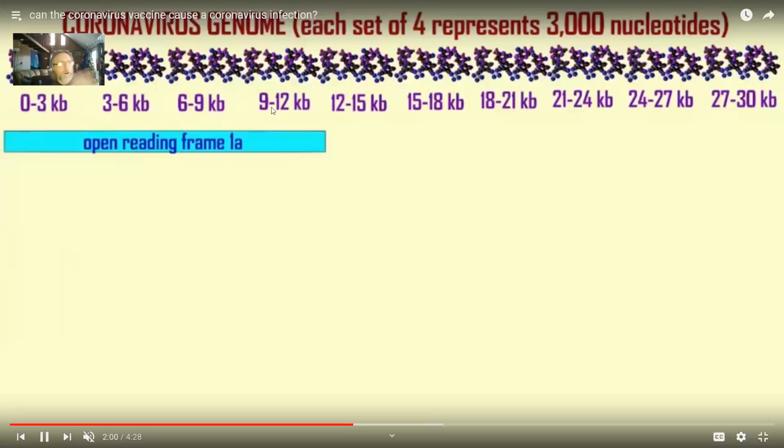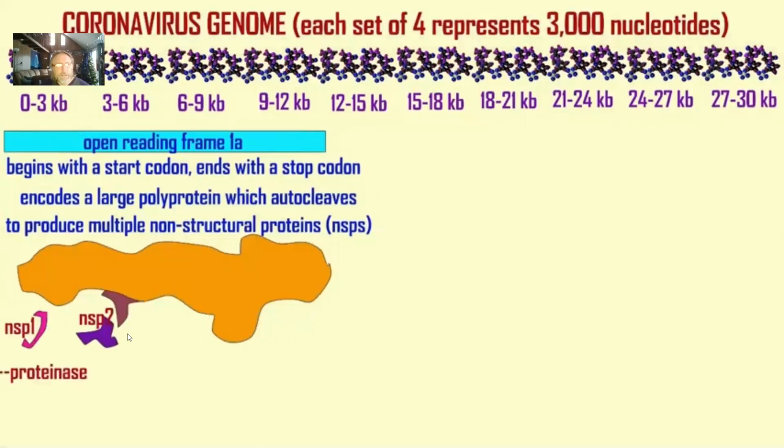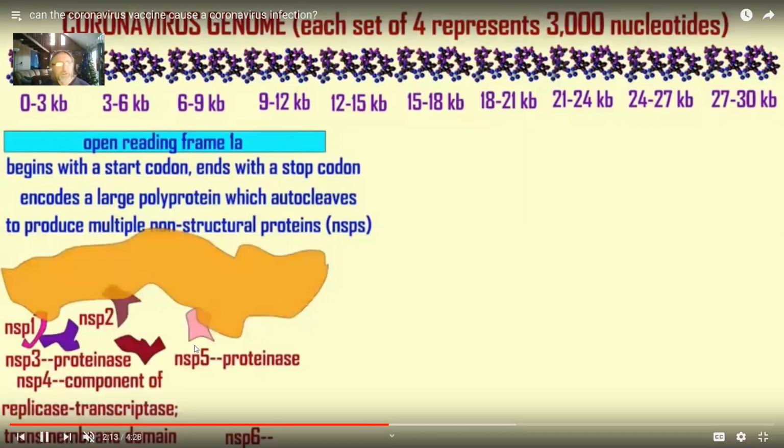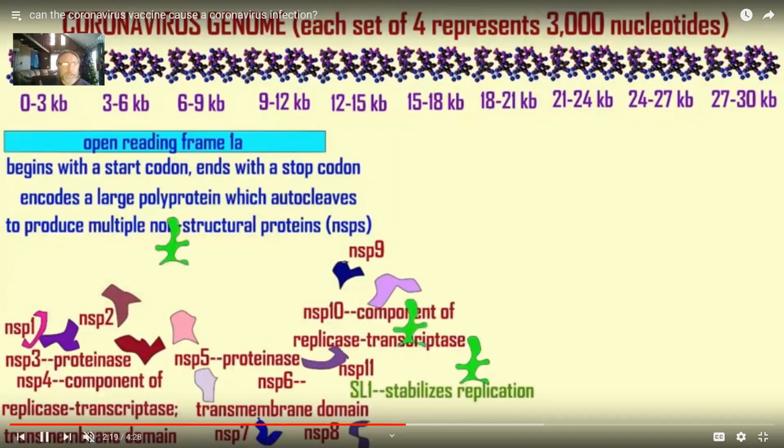So I talk about this in my other playlist about coronavirus. Coronavirus makes a lot of different proteins. All right, so it has a big genome. And all of these little pieces are little proteins which are made by the coronavirus particle, which are needed for its infection.